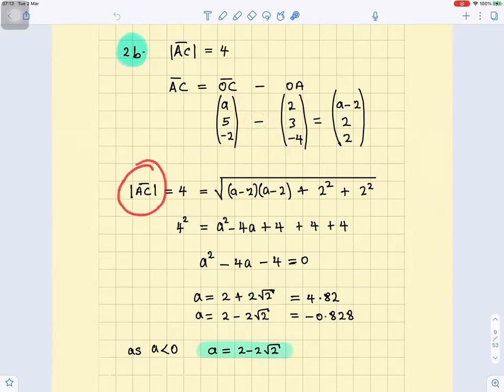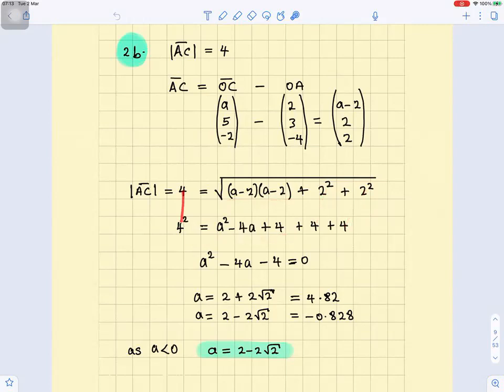To find the magnitude of AC, a minus 2 squared, which is a minus 2 times a minus 2, plus 2 squared, plus 2 squared. So a minus 2 squared is a squared minus 4a plus 4. 2 squared is 4. 2 squared is 4.